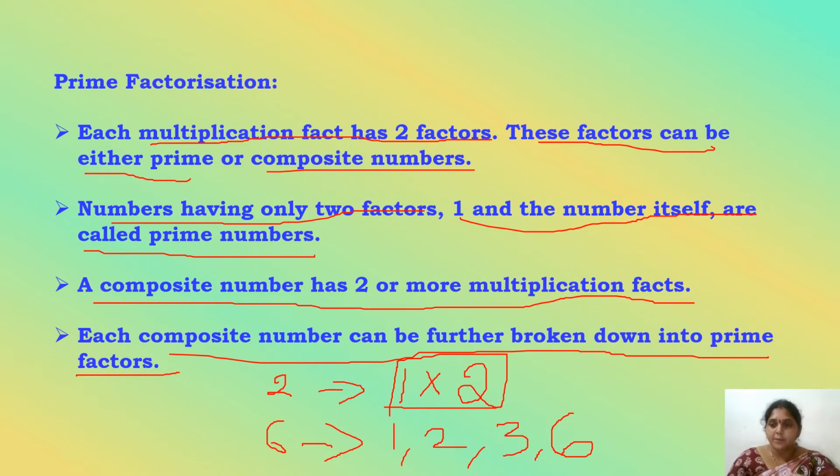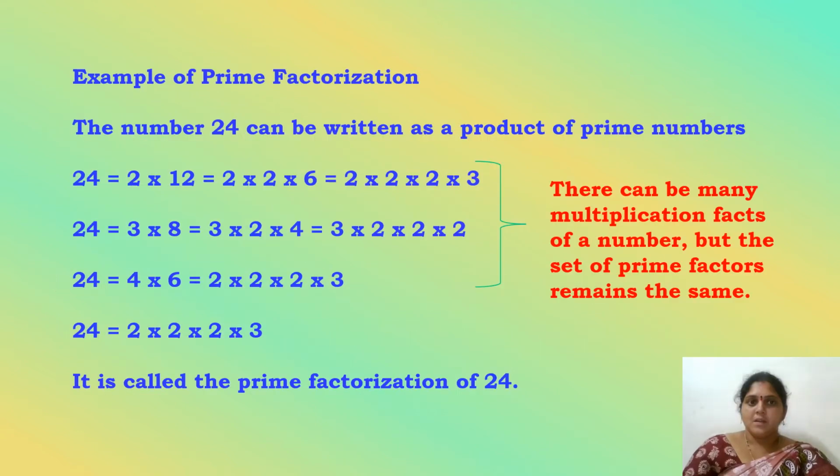How do we have to do the prime factorization? Now we will see some examples to find the prime factorization method. Here we are seeing the example of prime factorization method. The number 24 can be written as a product of prime numbers. 24 is a composite number. We are going to convert this composite number into prime numbers.